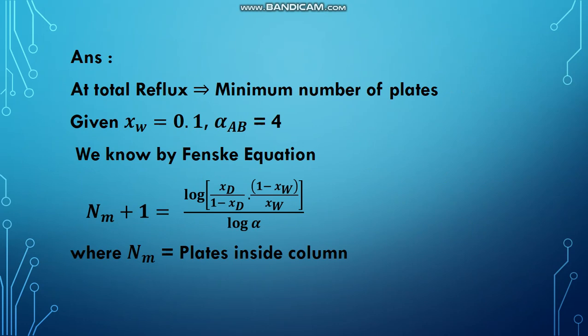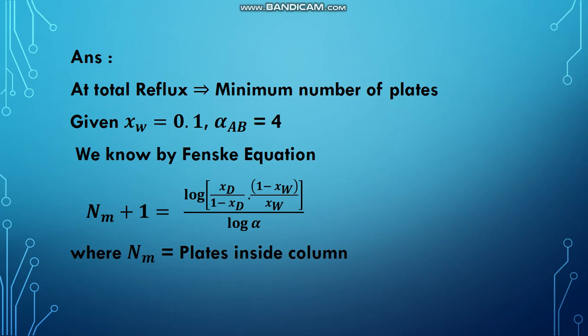The answer is, first we have to consider total reflux, which is equal to the minimum number of plates. Given xW is equal to 0.1, alpha AB is 4. By applying the Fenske equation, Nm plus 1 is equal to log of xd by 1 minus xd into 1 minus xw by xw, divided by log alpha.